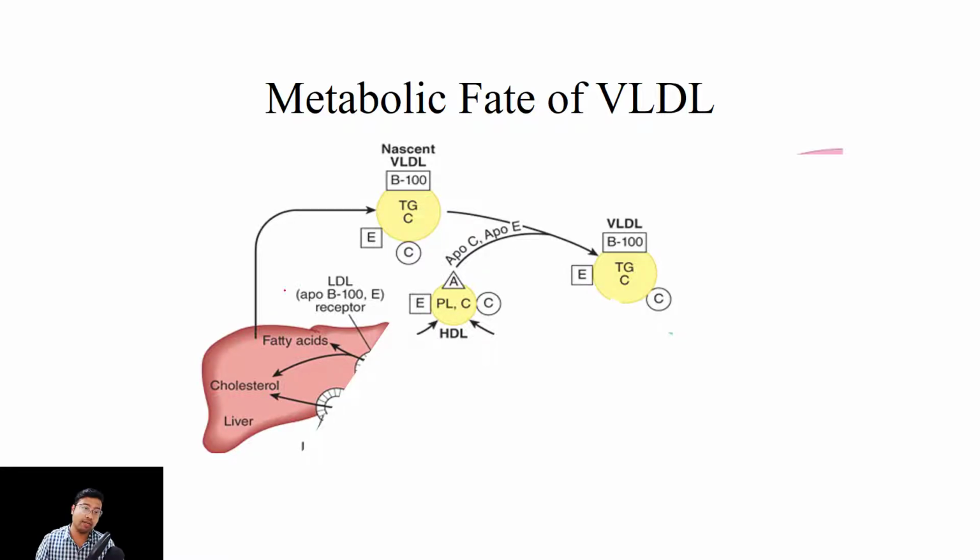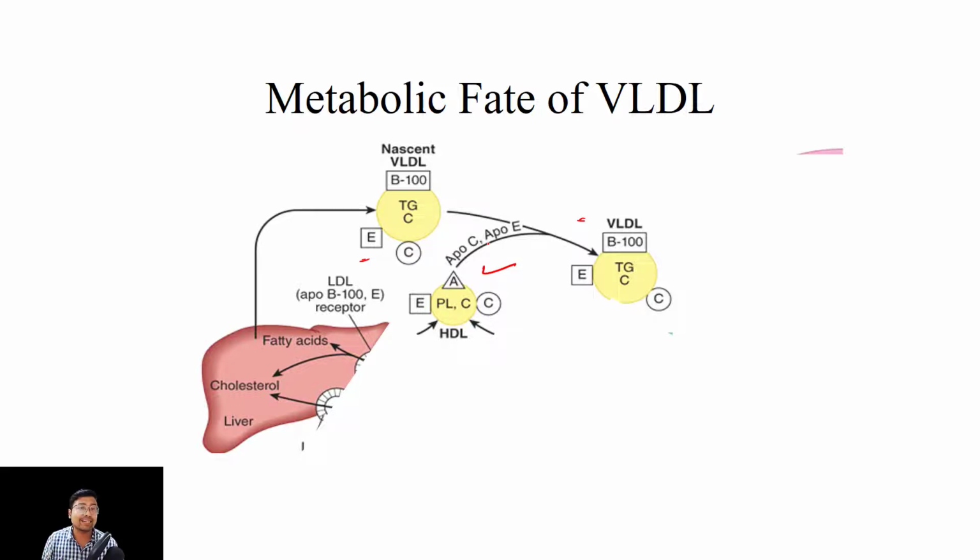Yes, it already had ApoE, but the amounts of ApoE and ApoC are enhanced. Now this nascent VLDL becomes mature VLDL, or very low density lipoprotein. The final form of VLDL is this. If you want to compare the two, this step is absolutely similar. HDL is donating ApoC and ApoE, right?